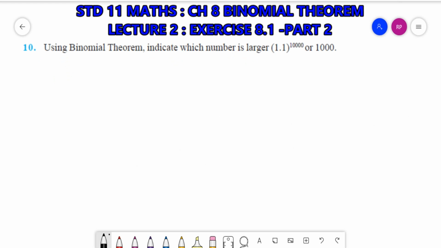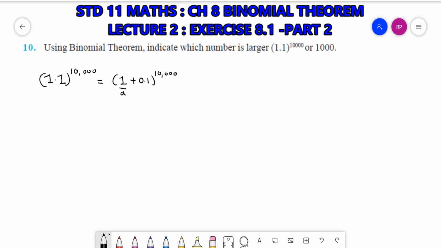Question number 10. Using binomial theorem, indicate which number is larger: 1.1 raised to 10,000, or 1000. So let's see 1.1 raised to 10,000. This I can write as 1 plus 0.1 whole raised to 10,000.